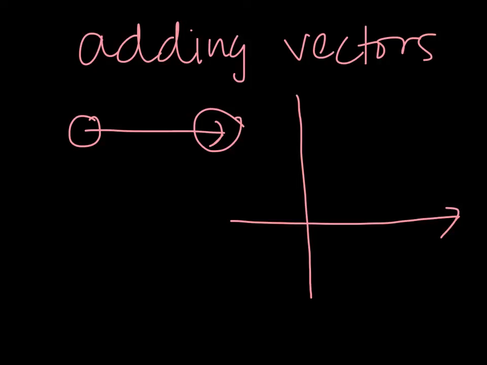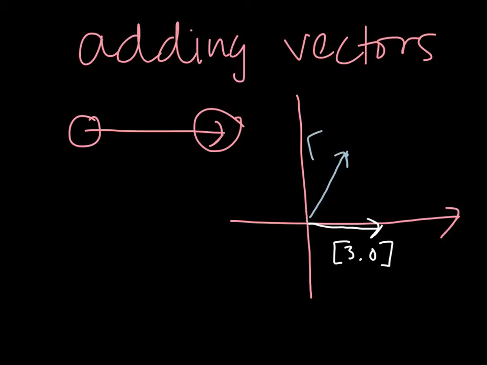So let's say that I have the vector 3, 0. So that goes out to the point 3, 0, and it is on the x-axis. Let's also say that I have the vector 2, 4. So I'm going to go out to 2 and up to 4, right about there, and I'm going to draw my vector from the origin there.